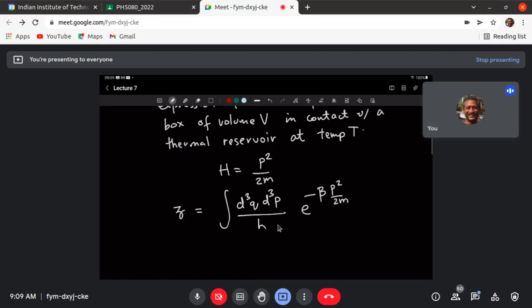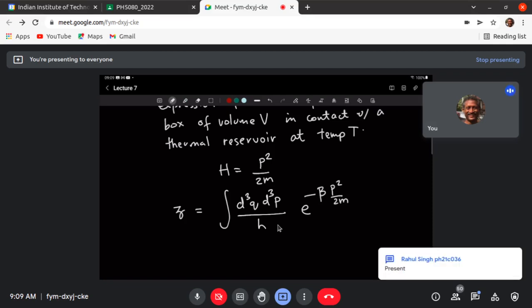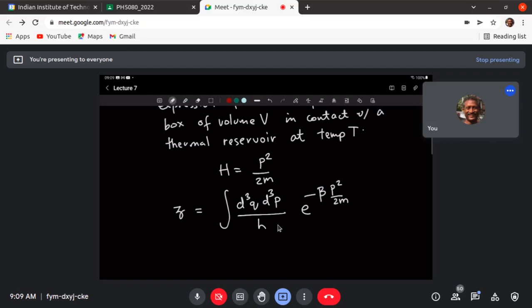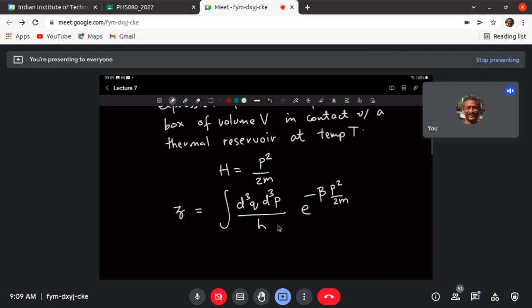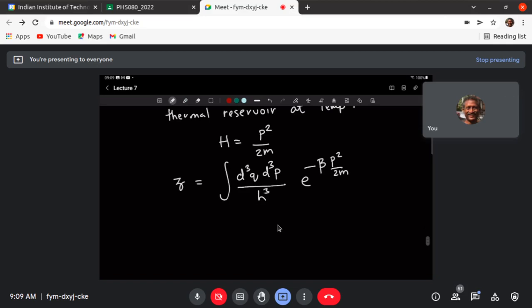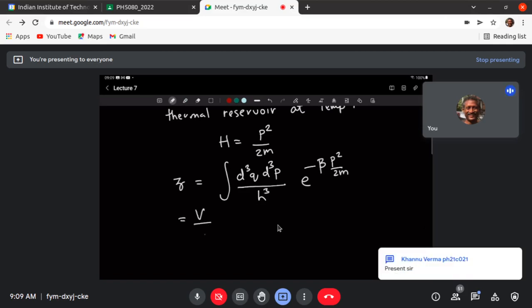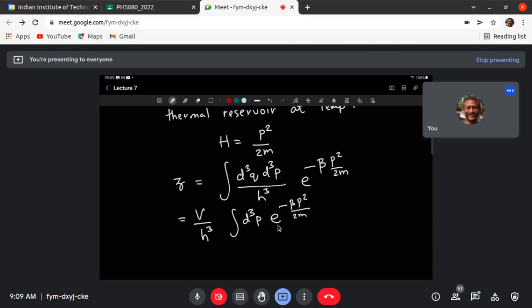This is a six-dimensional integral, but what we can see is that we can do the q integration very easily. So what is the integral d cubed q? It's V. So it's V by h cubed times the integral d cubed p e to the power minus beta P squared upon 2m.